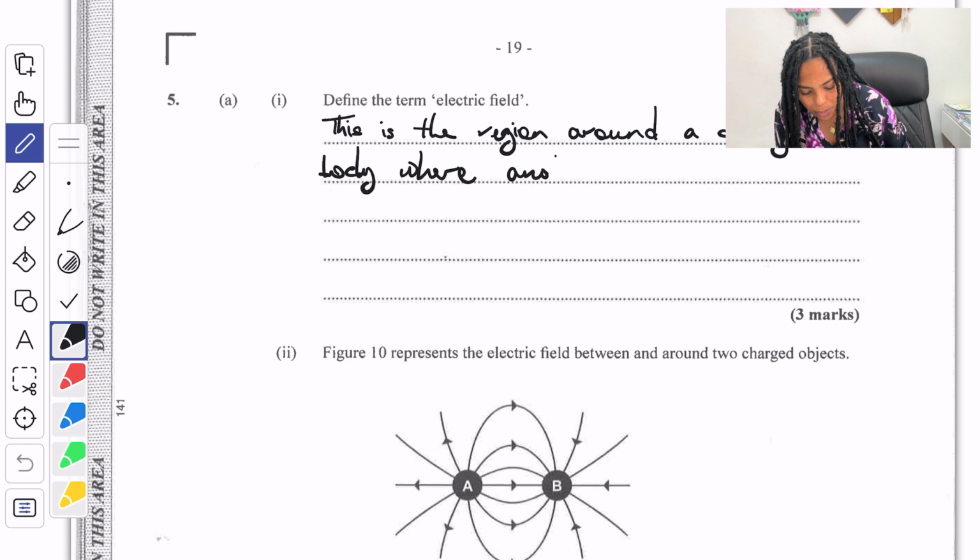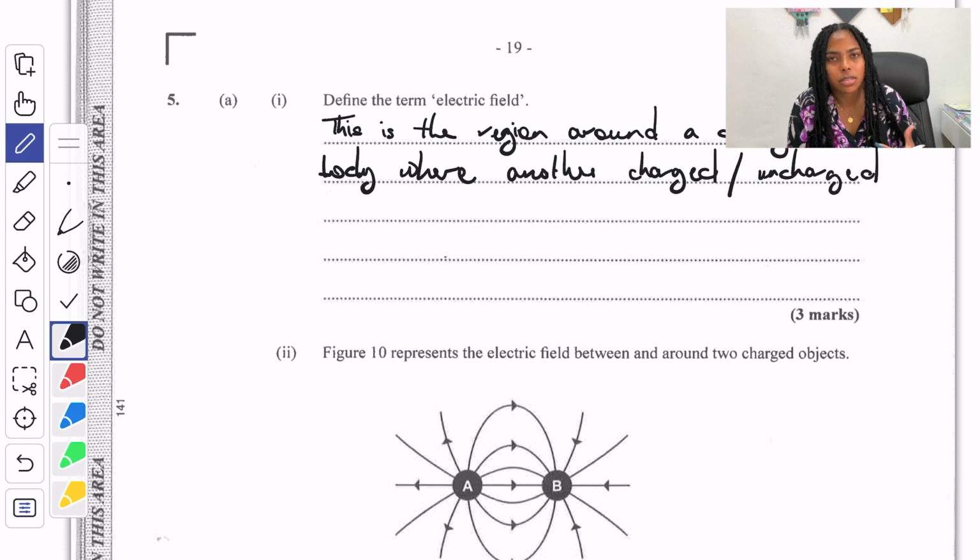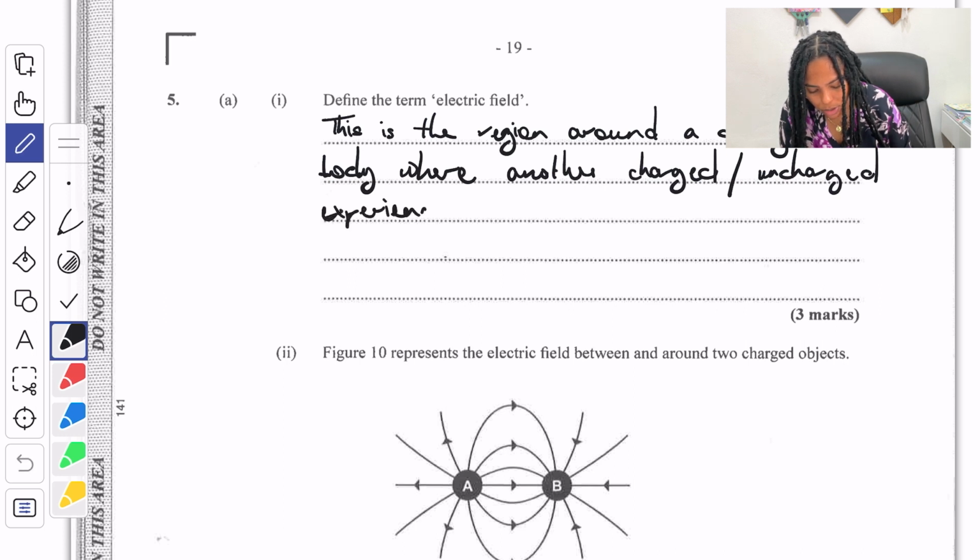You could put another charged body, or you could put uncharged, because technically a neutral body can experience some sort of force depending on how great the potential difference is, or how large the charge is, where another body experiences a force.